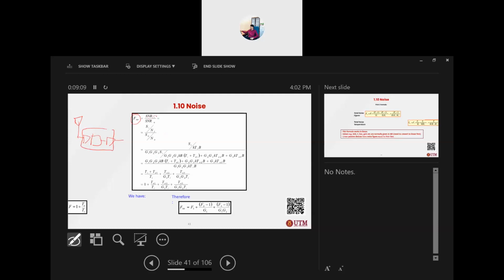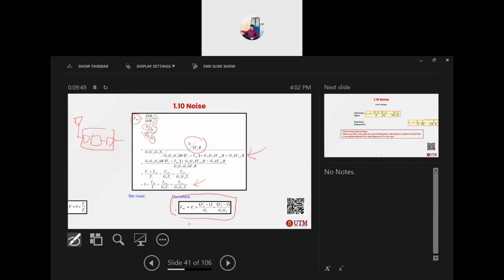So SNR input over SNR output, so SI and I over SO and O. For this one, SI and I is just NI KTIB. The tricky part, not really tricky, it's just long. This one is SO and O, the one that you already explained just now. You just put it below. Then you do simplification. Then you get this equation. Then you simplify further. Then you get actually this one.